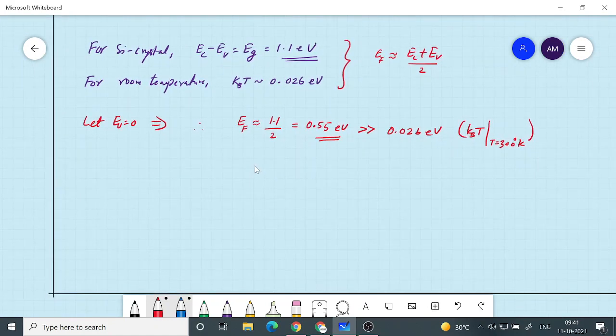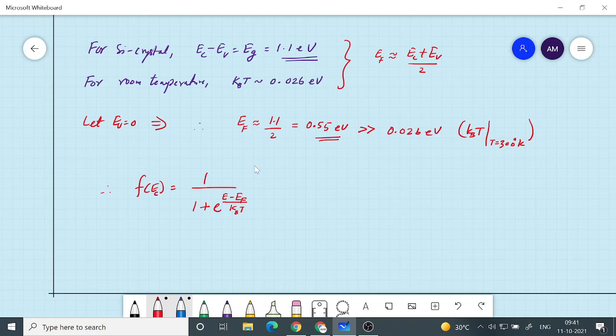Now why I do this is because our f of E function can be simplified under this assumption. So f of E is equal to 1 by 1 plus e raised to E minus EF by KBT. So if you take E as EC, that is the bottom of the conduction band.